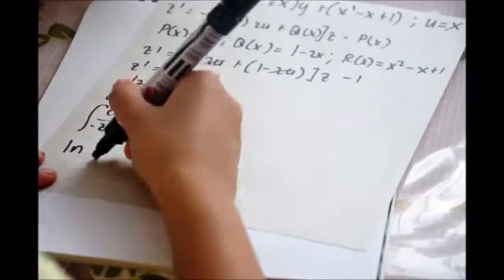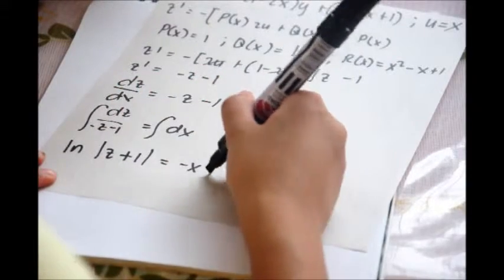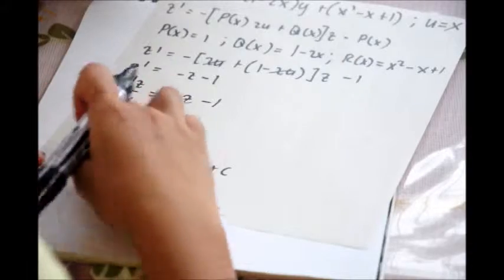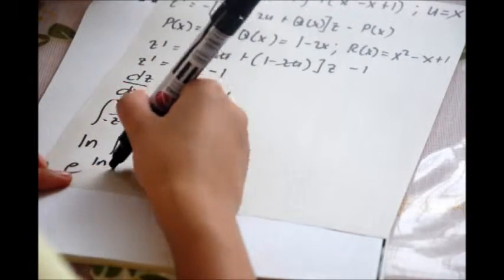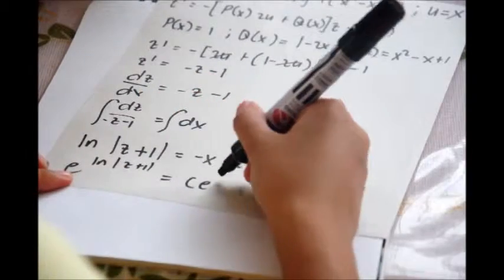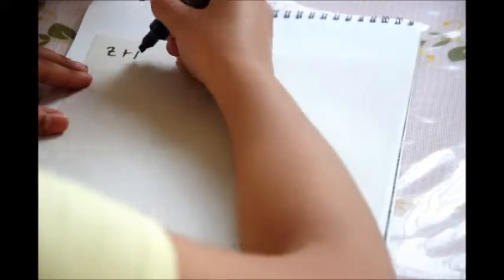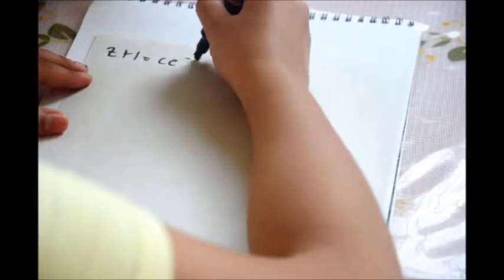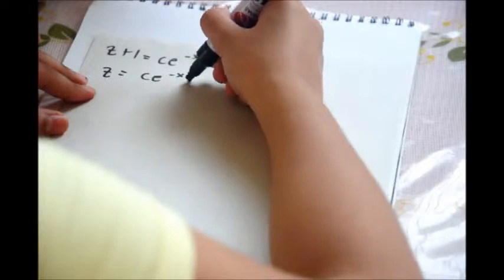We get ln of z plus 1 is equal to negative x plus c. So we just transfer the negative sign on the other side. So e to the ln z plus 1 is equal to c e to the negative x. So z plus 1 is equal to c e to the negative x. So z is equal to c e to the negative x minus 1.